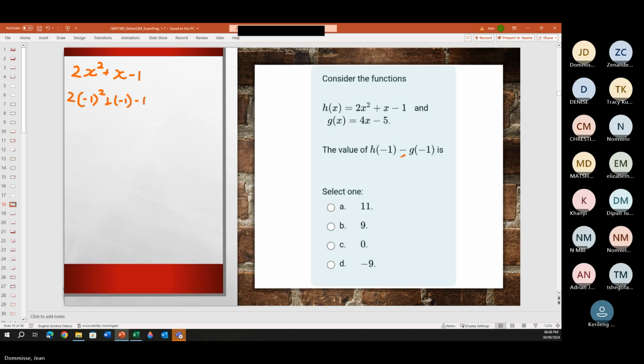Then you subtract what is in g, and in g we had the function 4x minus 5. But again, instead of just putting in x, it's -1. And so that's basically what they are asking us to do.